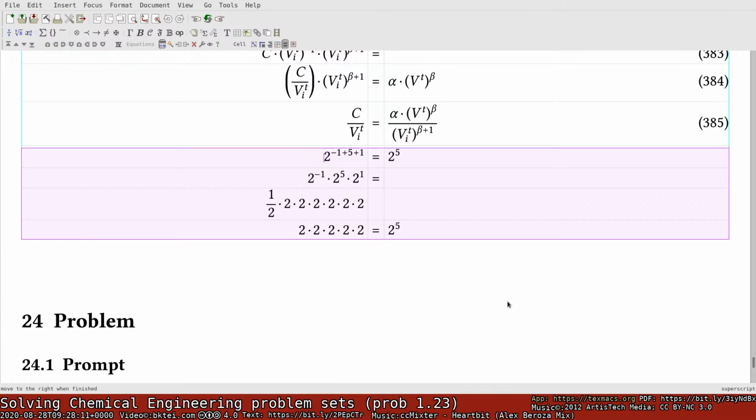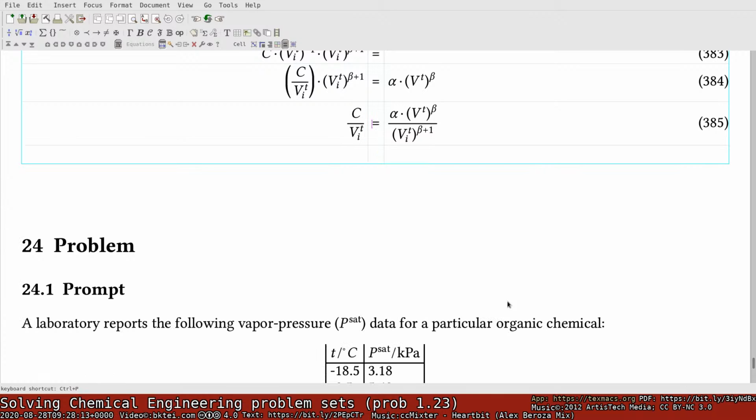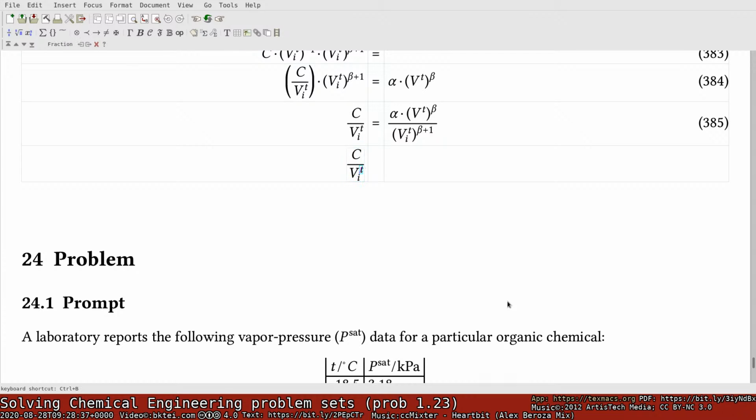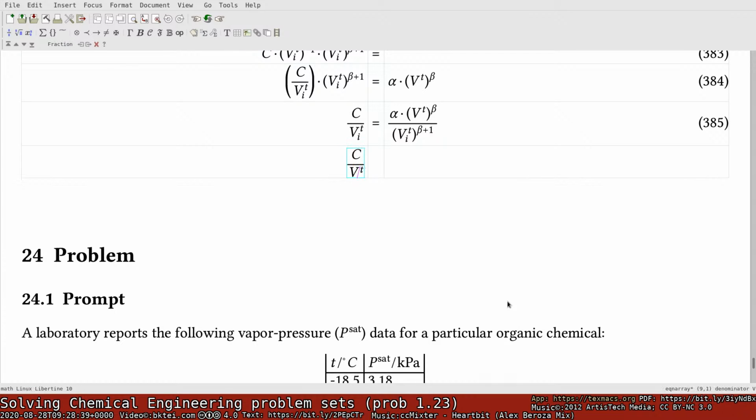What am I missing, though? Cost per unit size. Did I solve for the wrong thing? Am I actually supposed to be finding not that, but that?